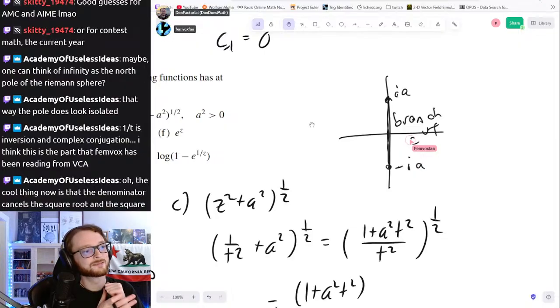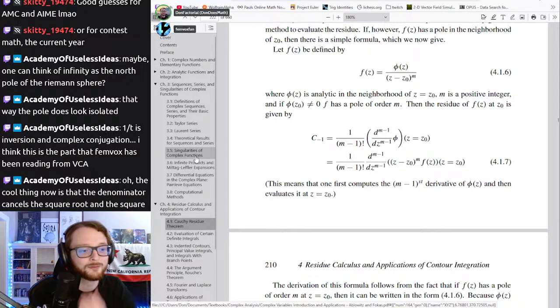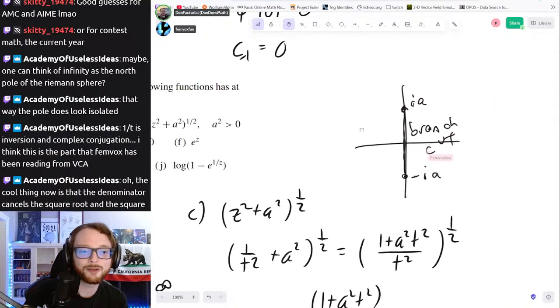For some reason. So that's kind of weird. I don't know if this matters for the singularities, but it might not. I don't think I'm worried about it because the book did say there's some relationship between branch cuts and singularities, but I don't really. I don't know. If there's one here, I don't see it.